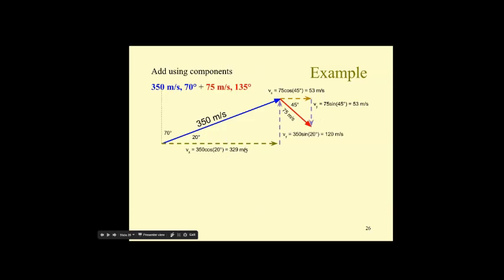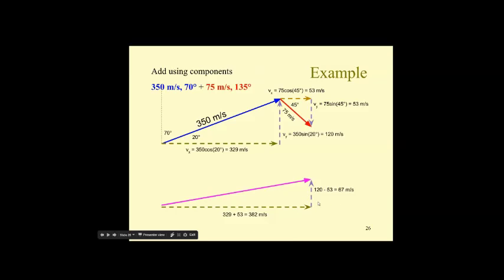Okay, so now I'm going to take the x components, I'm going to add them together, and that's going to be the x component of my resultant. I'm going to take the y's, because one y goes up and one y goes down, I am going to subtract those values. So it's 120 minus 53. I'm then going to draw in my resultant, and notice that that vector would fit right between the open tail and the open head.